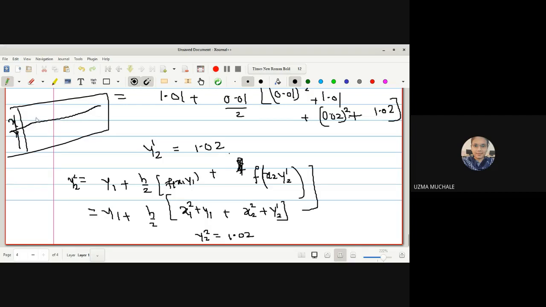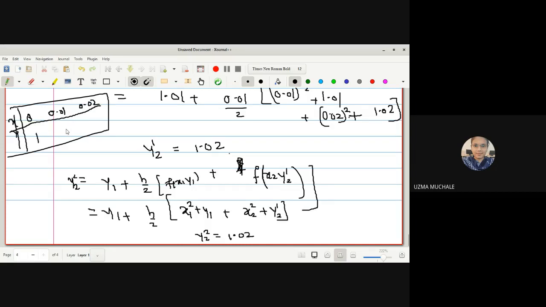The first one we got, it is 0, 1. Next is 0.01, 0.02.